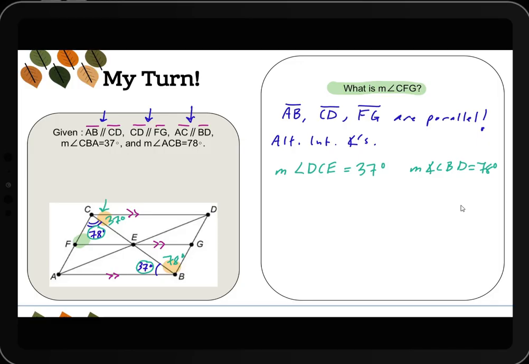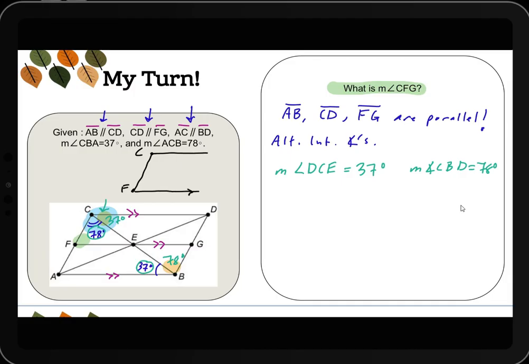Now this is important because now what I need to focus on specifically, which I will now highlight in blue, is this entire angle here. And the reason I want to do that, and I'm just going to draw myself a little diagram on the side to show why, is I've got this side length that starts up at F right here, it goes to C, and I've got these parallel segments.